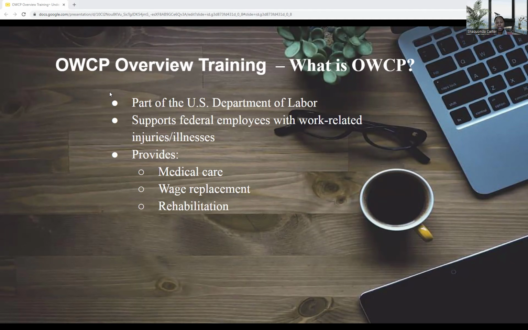In a nutshell, OWCP is part of the U.S. Department of Labor. It supports federal employees with work-related injuries and illnesses. It also provides medical care, wage replacement, and rehabilitation. Those are just some of the benefits that are offered.